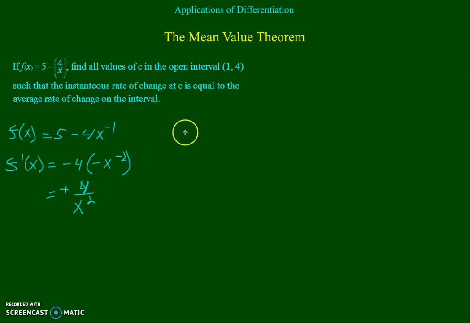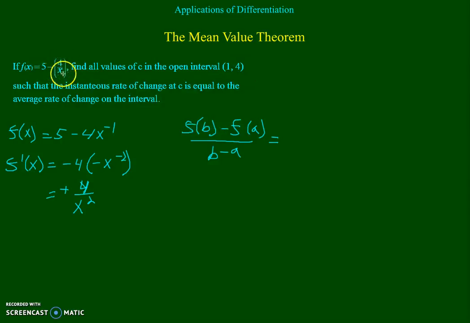So we're going to look for the average rate of change. The average rate of change is f of b minus f of a over b minus a. That's going to be f of b. We put 4 into this expression.